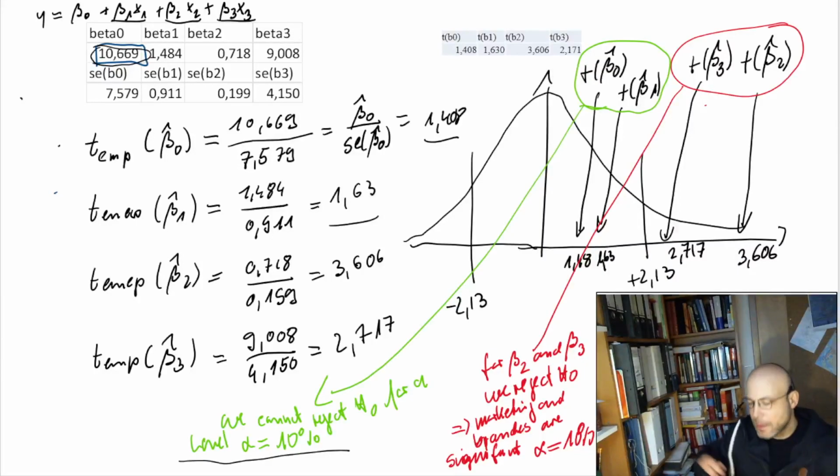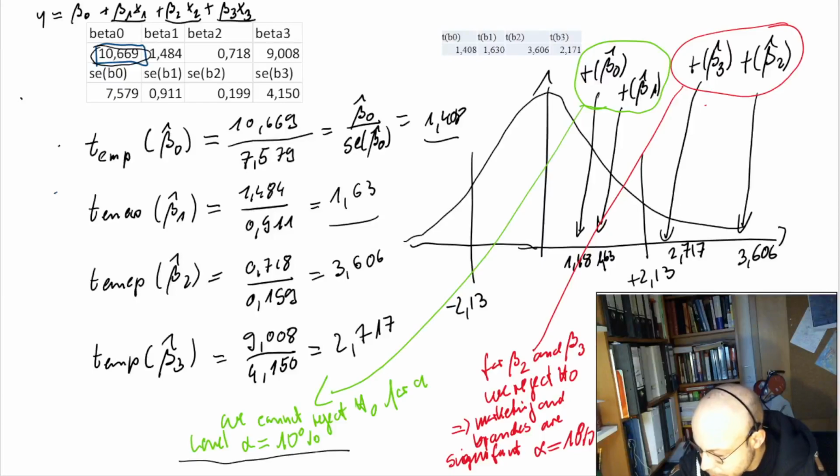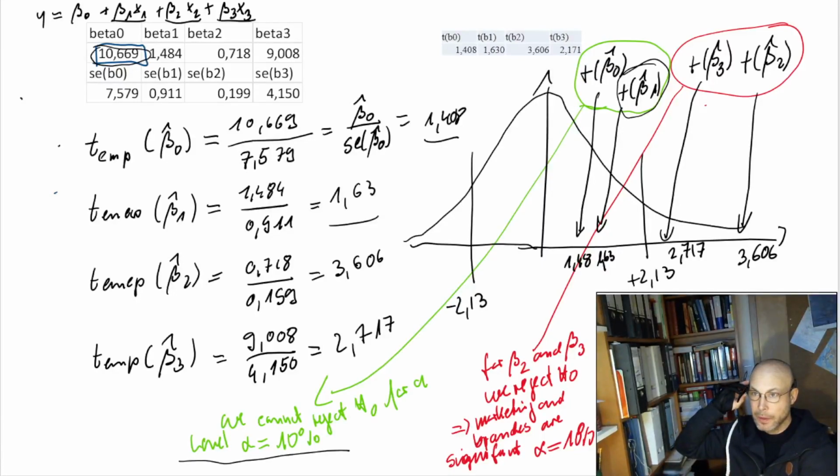And also for beta 1. And this is then really interesting for your decisions in your company.